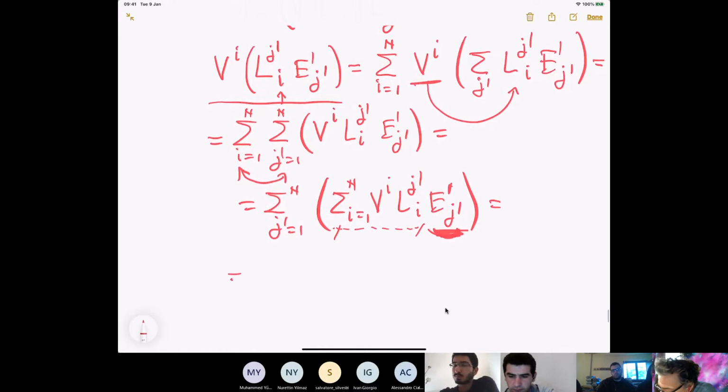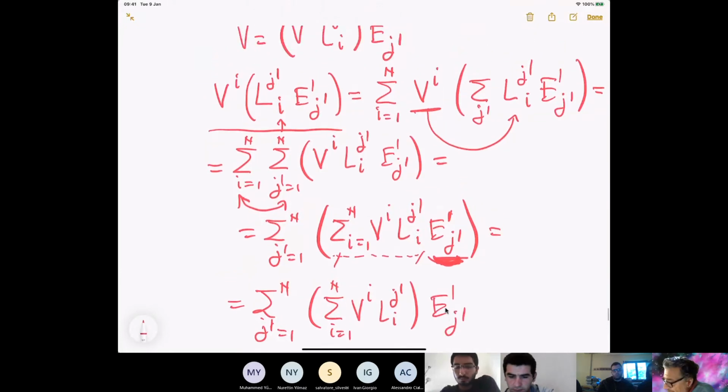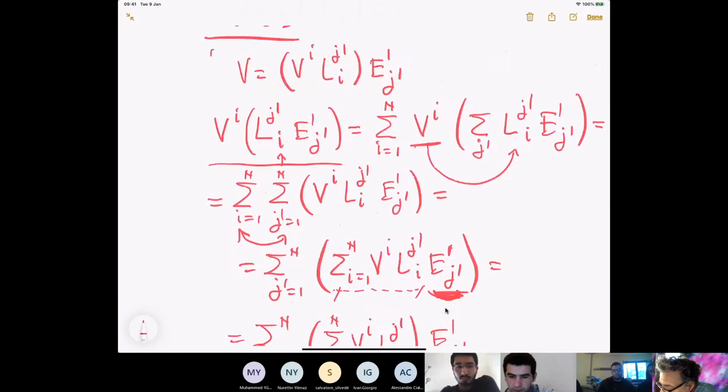So at the end, you have summation over j' from 1 to n of summation over i from 1 to n v_i L_i j' e'_j', which is exactly what I've written here. Okay.